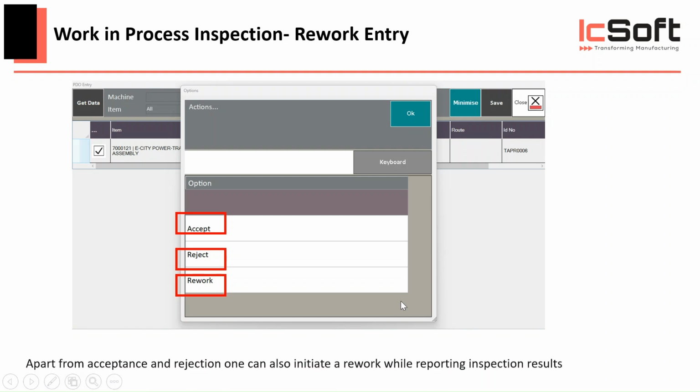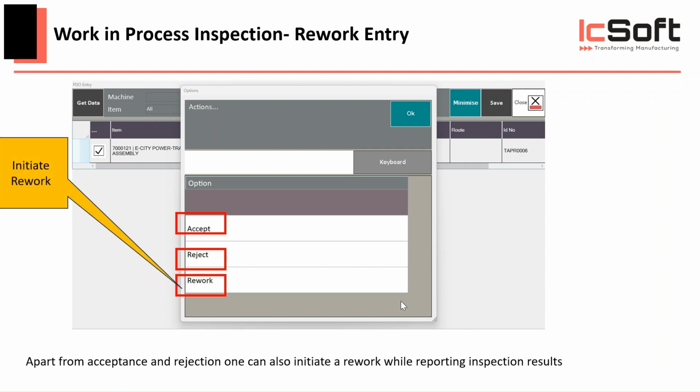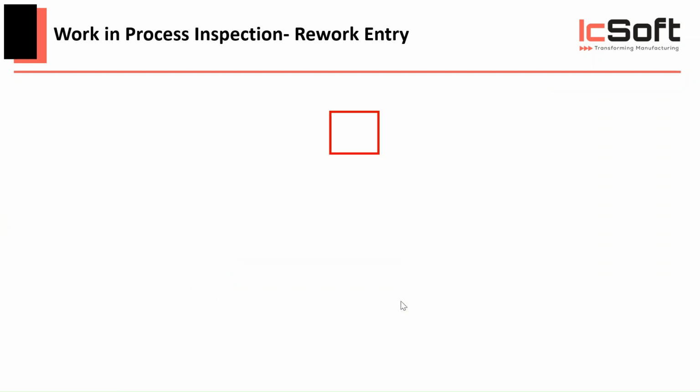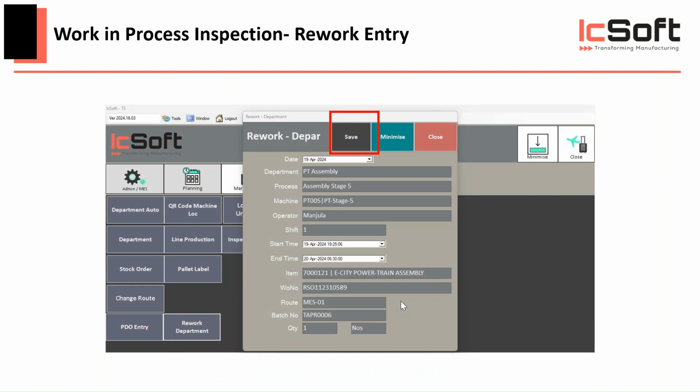So this rework selection, once it is selected over here, it initiates a process of rework where the operator performs to all the details of which process, for which process the rework is taking place, which department, the operator who is performing the rework, which shift, when did it start, when did it end, on which work order, which was the route, which batch, all these details are captured.